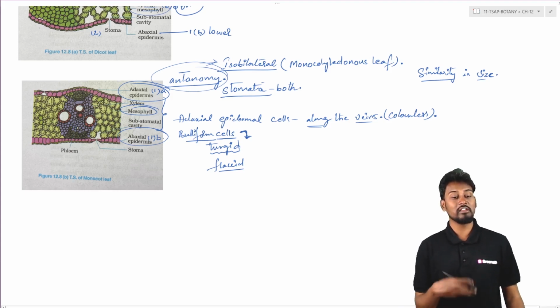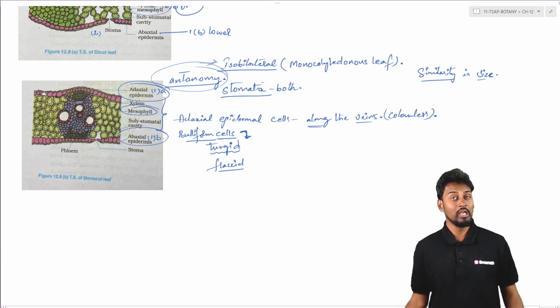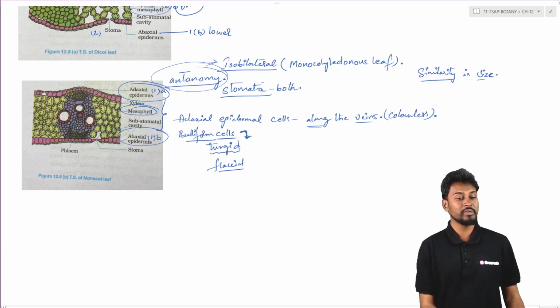And when we are discussing the vascular bundle, the vascular system, the arrangement is completely different. Here we can see this is the xylem tissue and also there is a phloem tissue. These particular circles are the xylem conducting tissue, and this is the phloem conducting tissue.